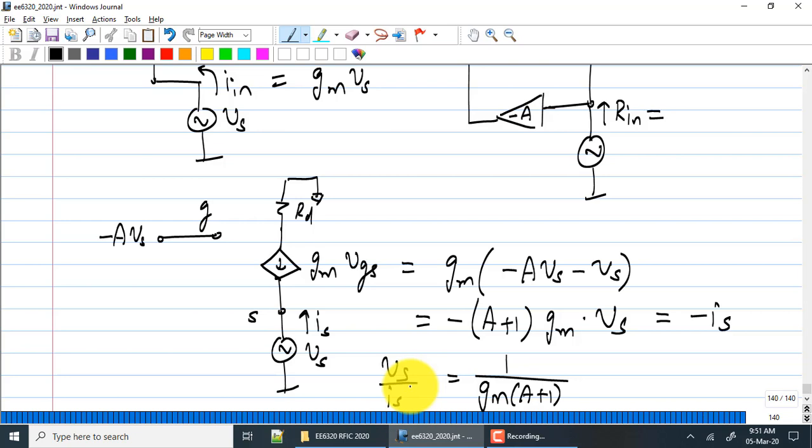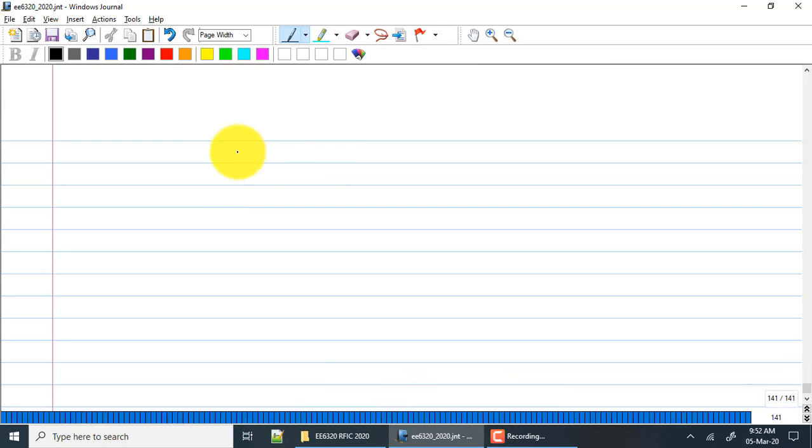Now you can go back and do the same thing to the RF LNA. So you go back to your LNA and try the same gain boosting structure.